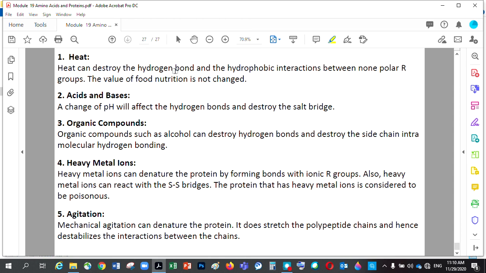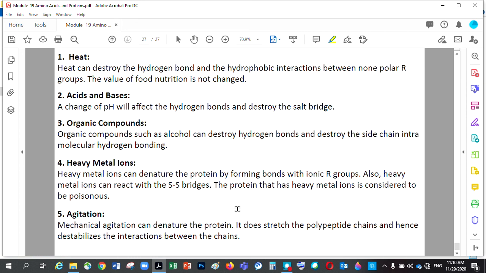Organic compounds such as alcohol can destroy hydrogen bonds and the intramolecular hydrogen bonding as well. Heavy metal ions will most of the time precipitate the disulfide bridges, correct, and make a salt out of them, and will interfere with the polar bonds, so it will make a salt with them.